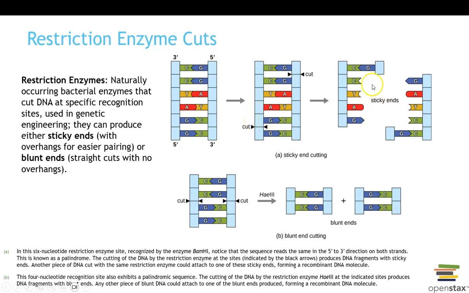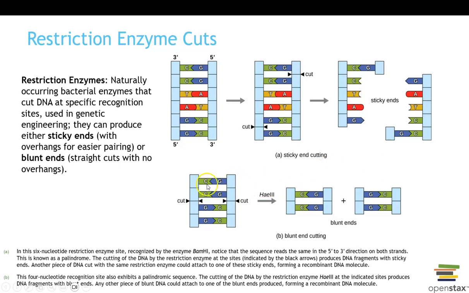Then it's gonna produce an overhang part, so we call this a sticky end. And then if you cut, for example, the gene of your interest with the same restriction enzyme, because these strands are complementary to each other, they can attach together, they can anneal together.